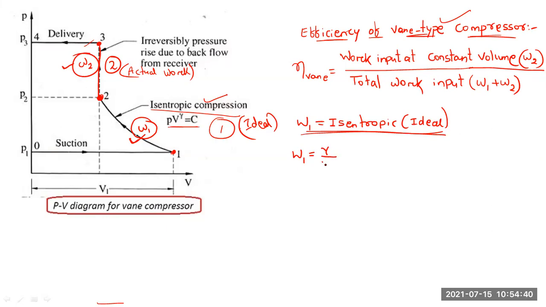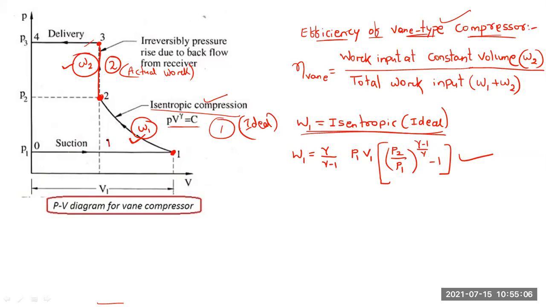Same formula, gamma divided by gamma minus 1, P1 V1. The pressure ratio: high pressure is P2, low pressure is P1. So it will be P2 by P1 whole to the power gamma minus 1 by gamma. The same formula. Always this isentropic work will remain the same.